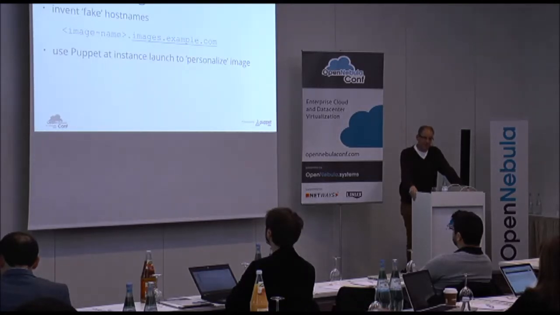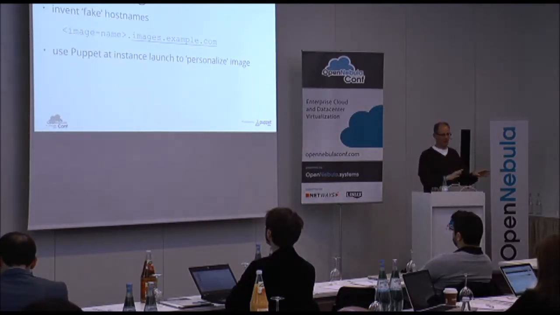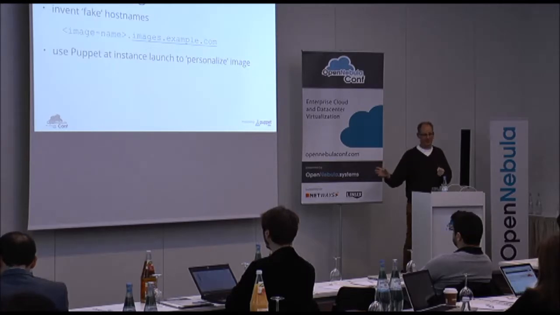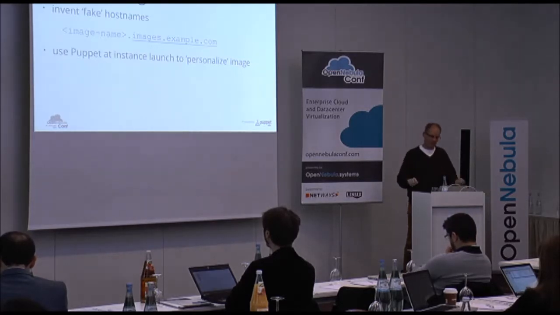And you try to split the configuration into two parts, where the more generic part goes into the image, and then the personalization, because there are always things that are specific to one instance. You keep that separate, and that only gets applied when you actually launch an instance of that image.